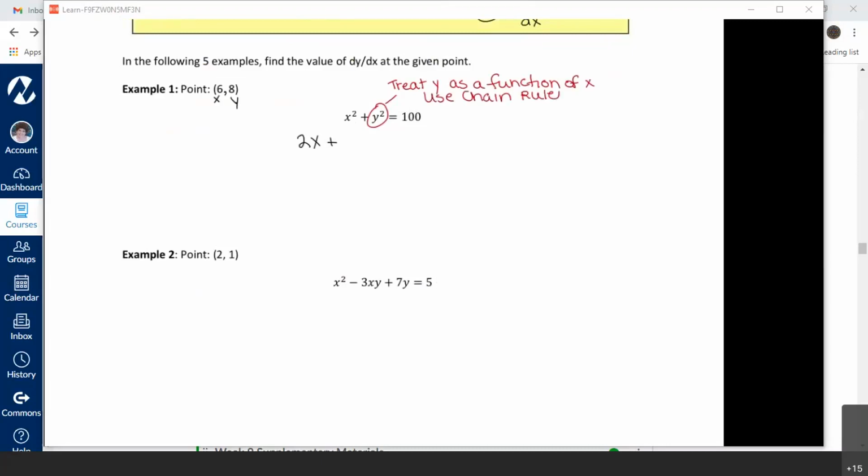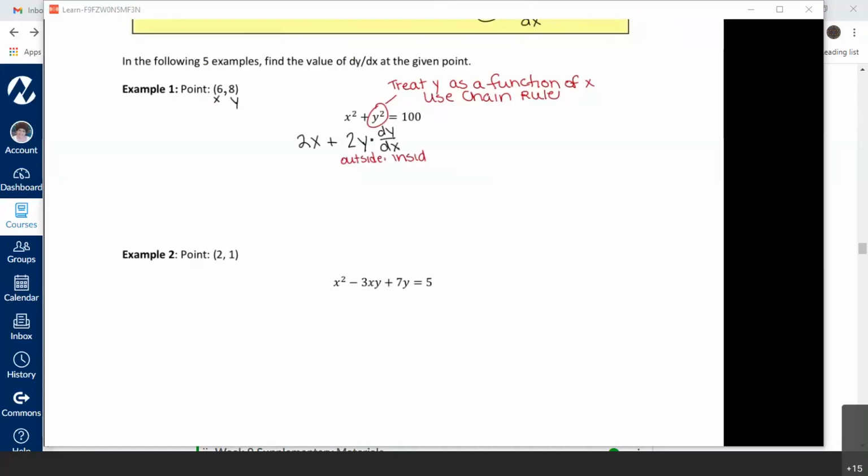So first thing I need to do is differentiate the outside function. That's 2y, again, using the power rule. And then the inside function derivative is dy dx. So again, outside times inside.